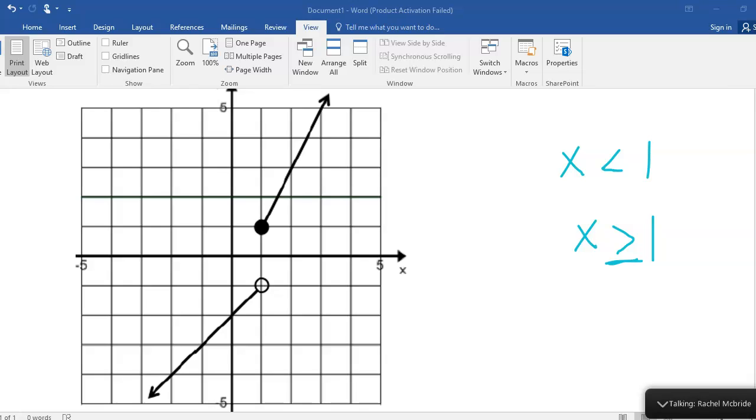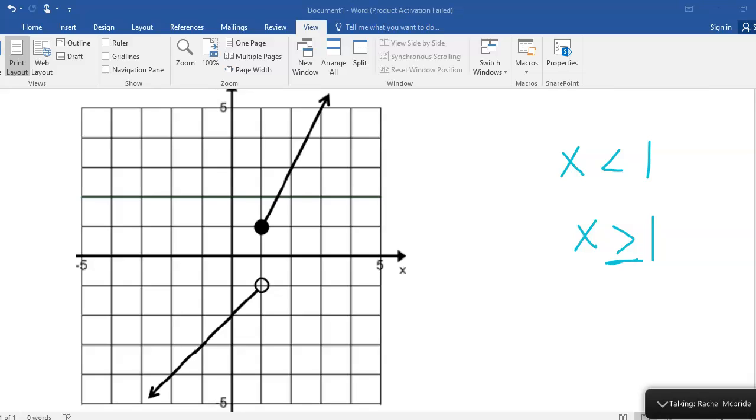What's nice about the x values less than 1 graph is that that graph goes through the y-axis. So therefore, I can easily see the y-intercept. So what y value does that graph cross the y-axis?